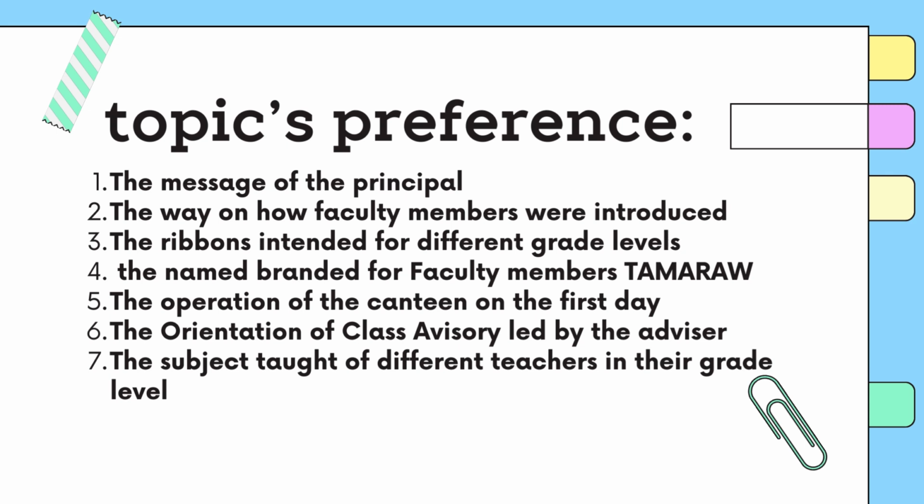For topic preference, examples of topics that you can develop as the subject of an incident report, completed in a paragraph form, are the message of the principal, the way the faculty members were introduced, the ribbons intended for different grade levels, the name brand for faculty members, the operations of the canteen on the first day, the orientation of the class advisory led by the adviser, and the subjects taught by the different teachers in their grade level as well.